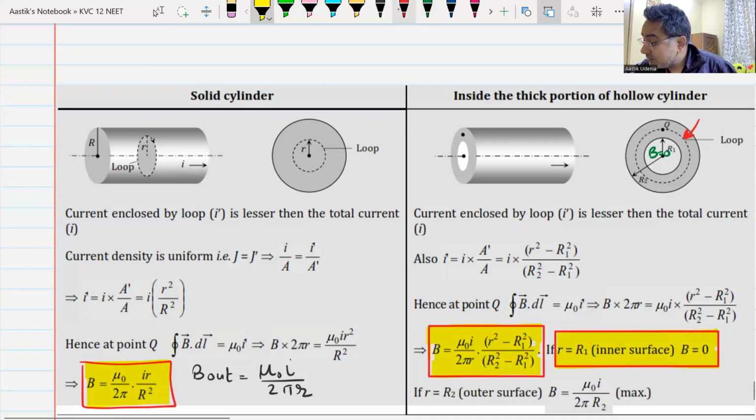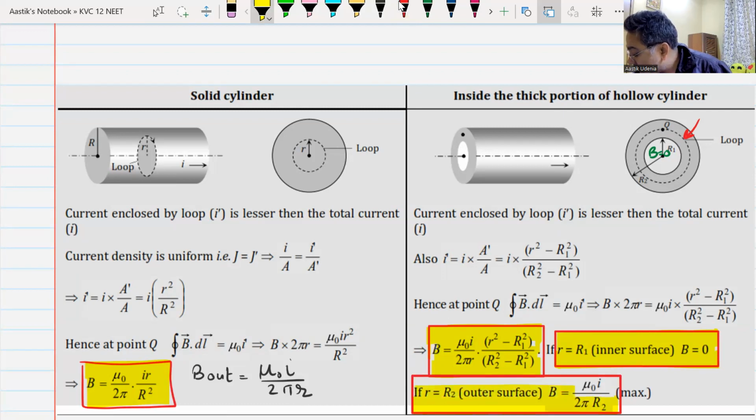On the outer surface, the magnetic field is mu naught I by 2 pi r2, where r2 is the radius of the outer part.